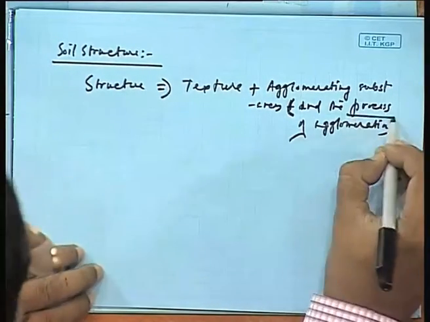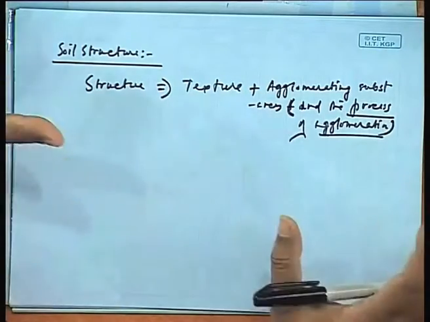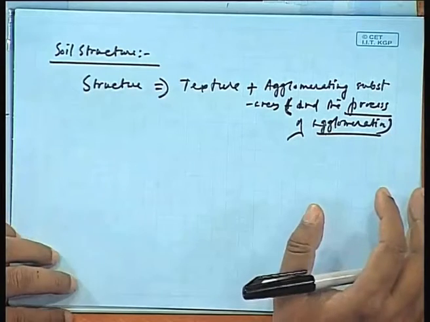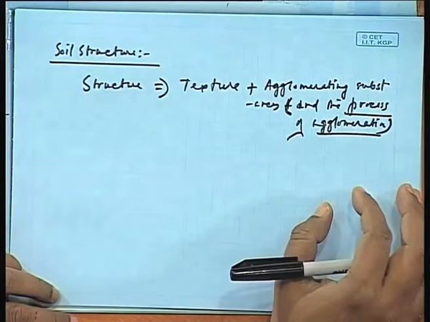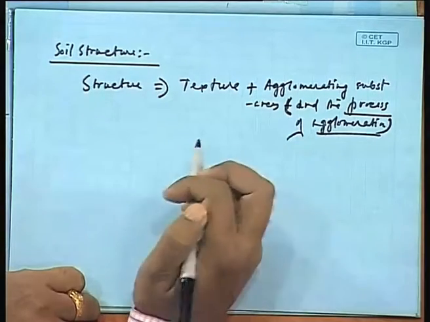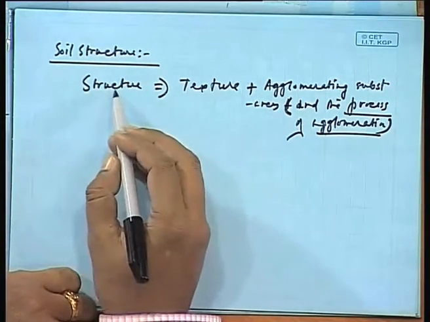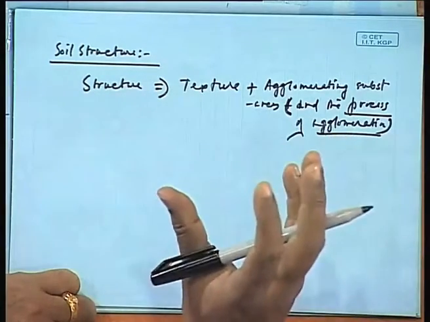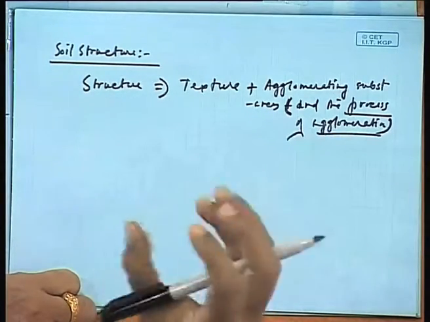The process of agglomeration is important, and they should be identified together. Why? What is generally observed is that structure is inclusive of texture. What is agglomerating to that?